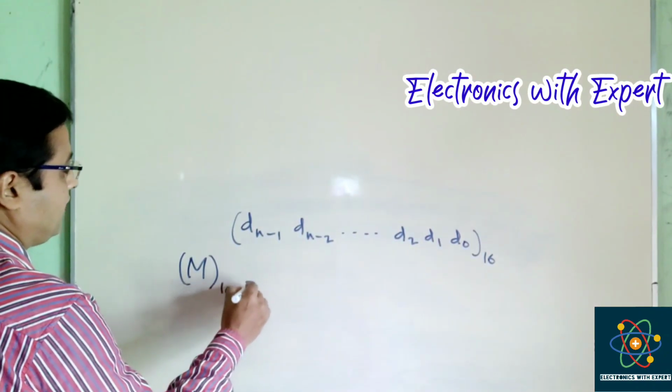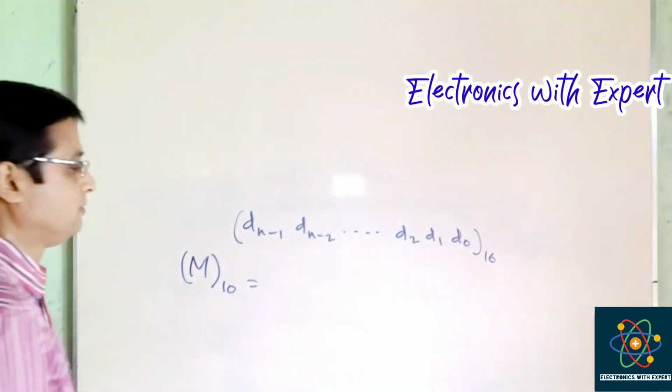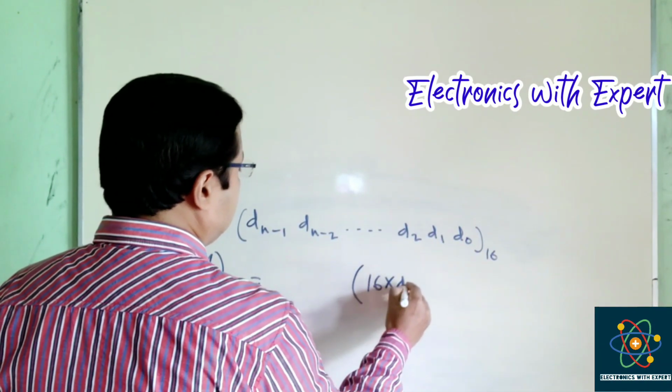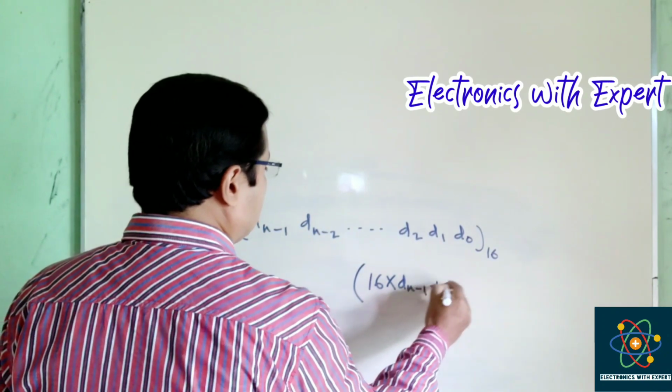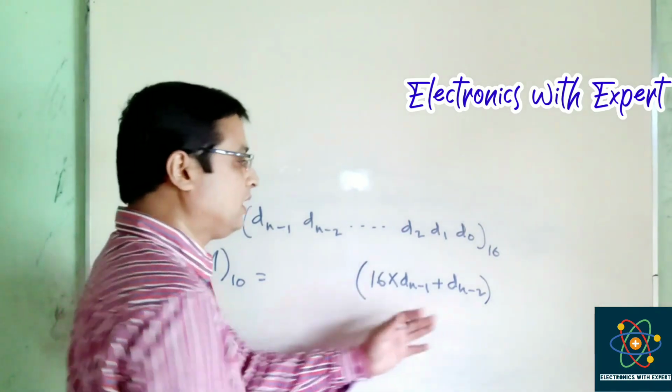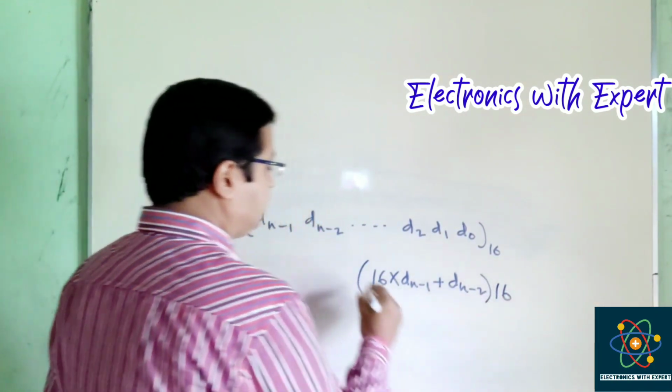The decimal equivalent should be given as 16 into Dn-1 plus Dn-2, then the total term should be multiplied by 16.